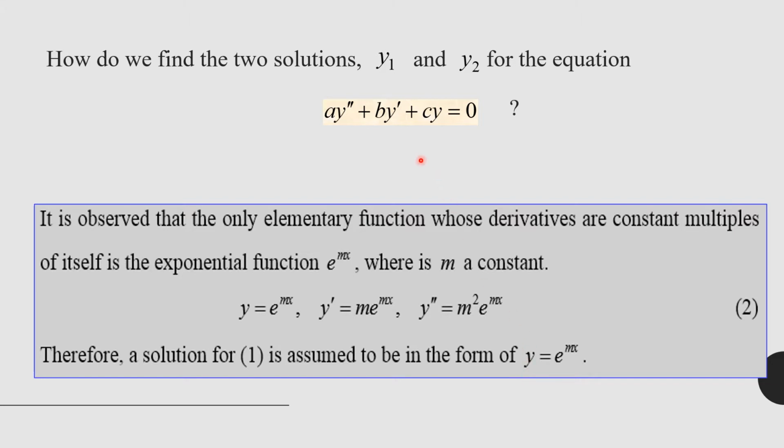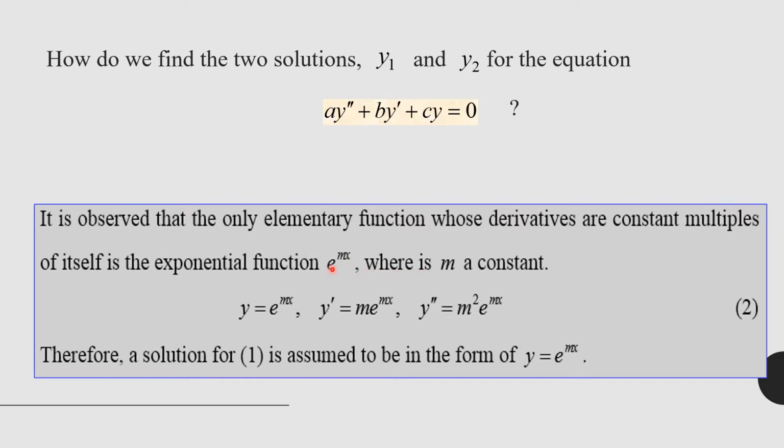The question now is, how do we find the two solutions y1 and y2 for the equation ay double prime plus by prime plus cy equals 0? To begin with, we are going to look at a special function which you are very familiar with, which is the exponential function, e to the mx, where m is a constant.